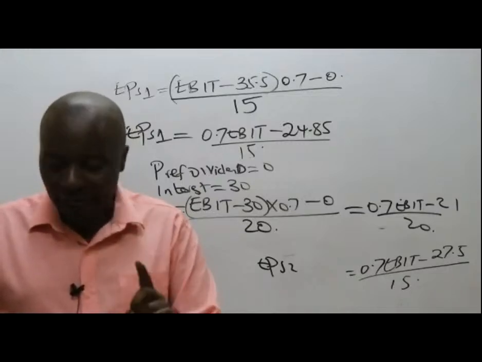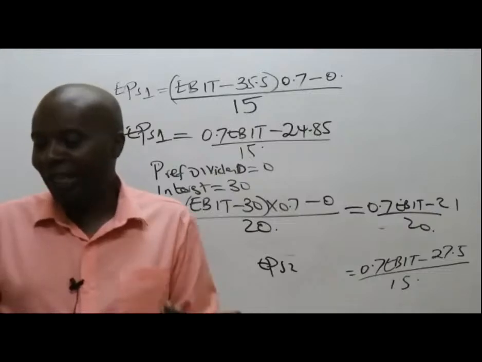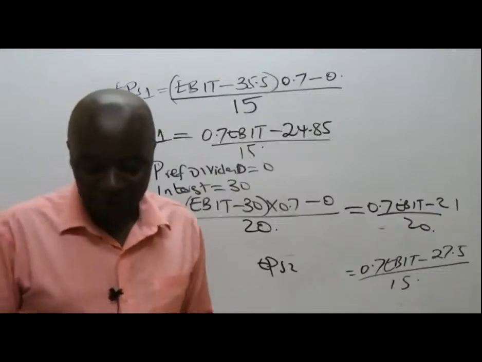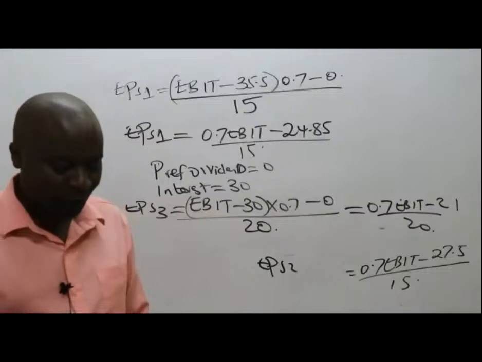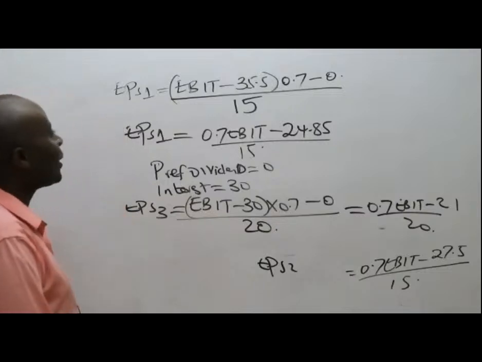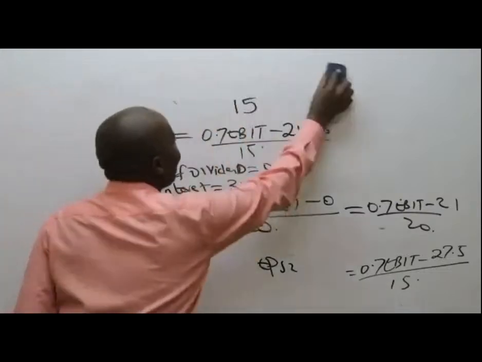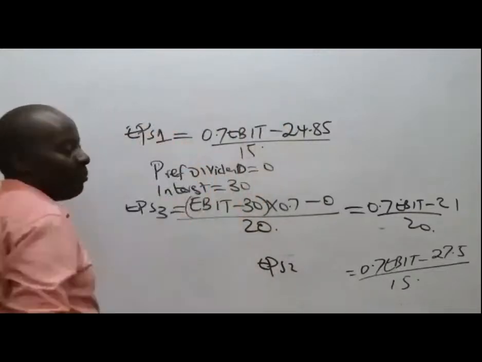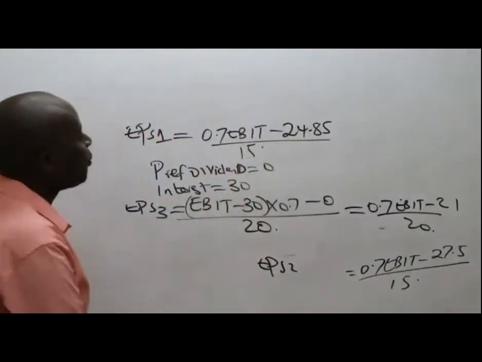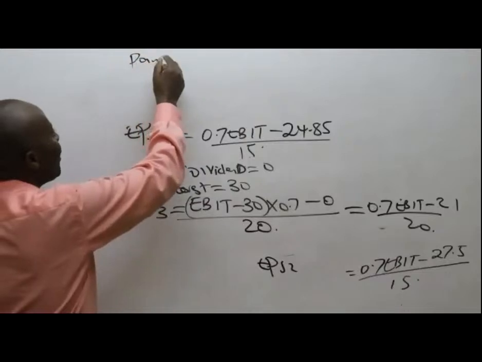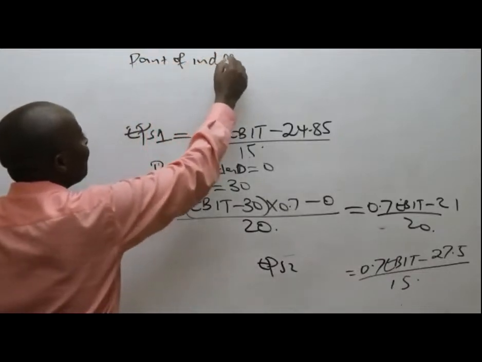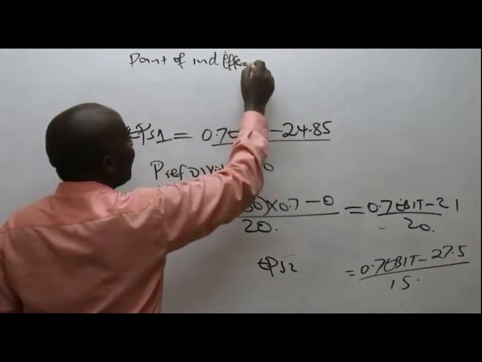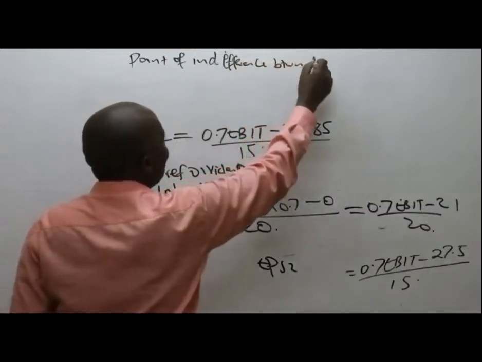So they want us to calculate the EBIT and the EPS at the point of indifference between the following options. A, option 1 and 3. Option 1, already these students have the answers. Already they have the answers, and they want me to explain so much. So the point of indifference between option 1 and option 3.